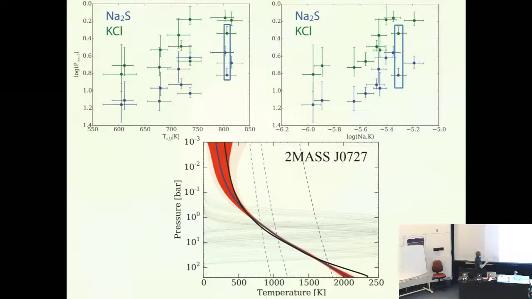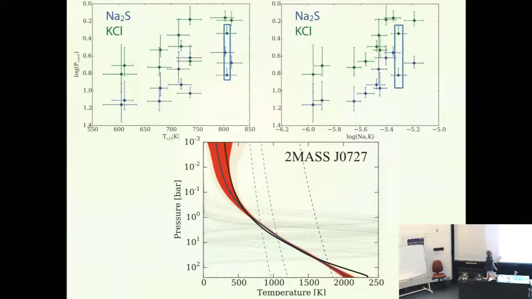So no surprise, as you move towards cooler temperatures, these intersection points are going to happen deeper in the atmosphere. It also turns out, because there's a correlation of the alkali abundances with temperature, and a correlation of the condensation cloud base pressure with effective temperature, there's going to be a trend of the alkali abundances with the cloud base pressure.